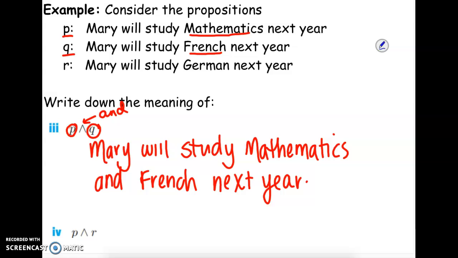Example 4, P and R. So we're working with her studying mathematics and German.